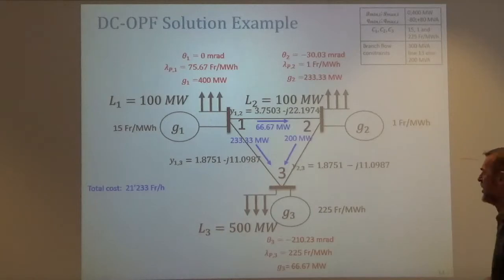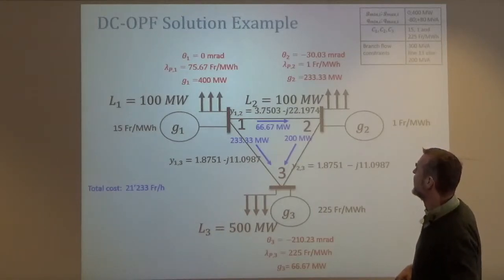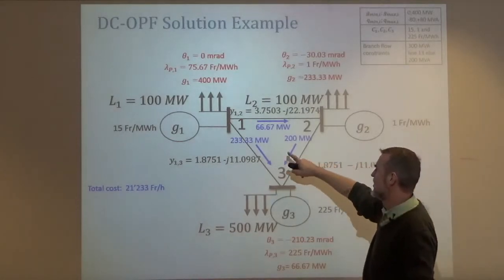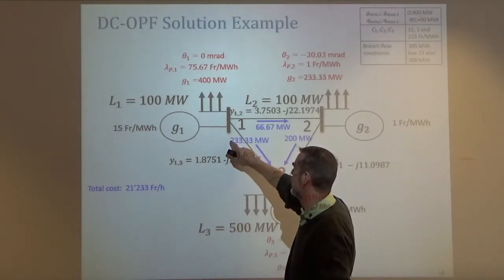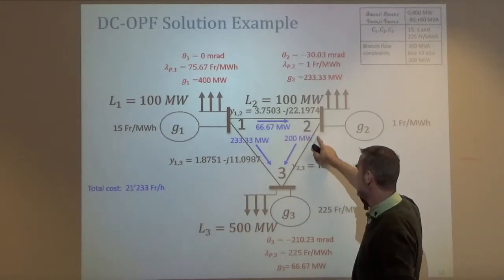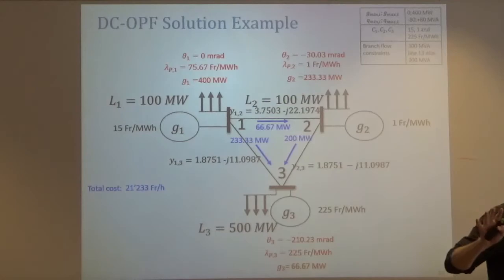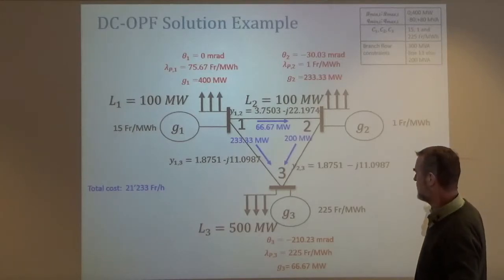So we find, like before, that this generator is running at full capacity, and that this line is saturated. So qualitatively, we obtain the same constraints, but if I compute the flows, they are a bit different.